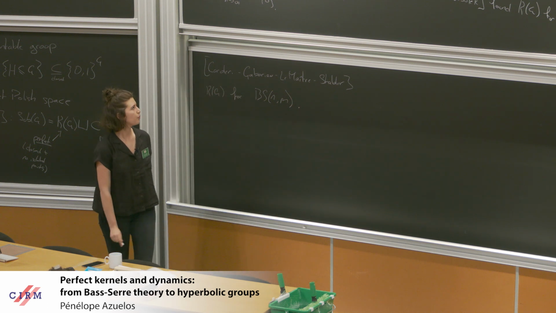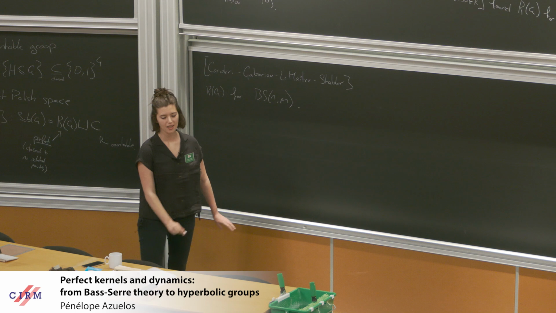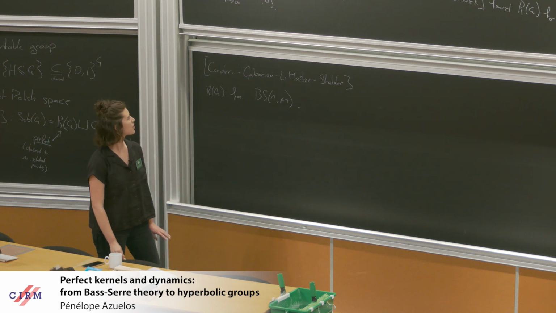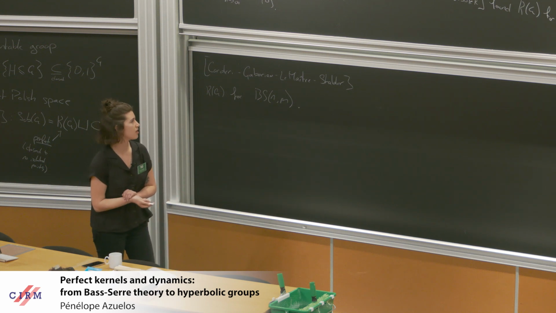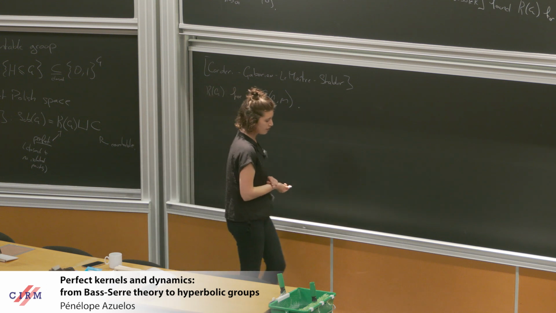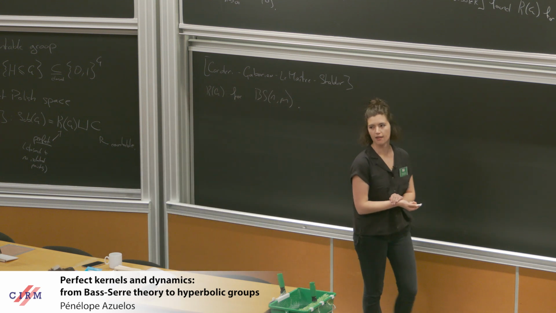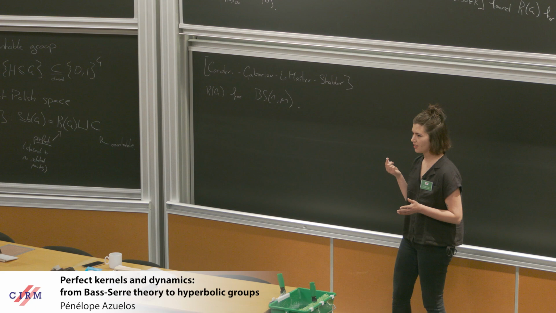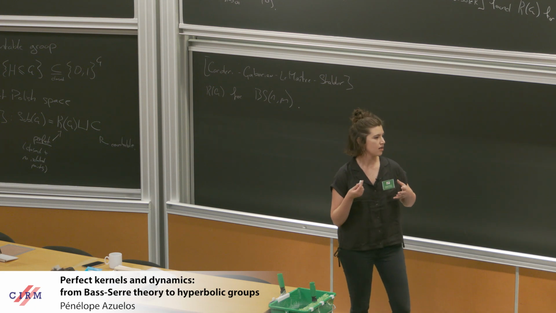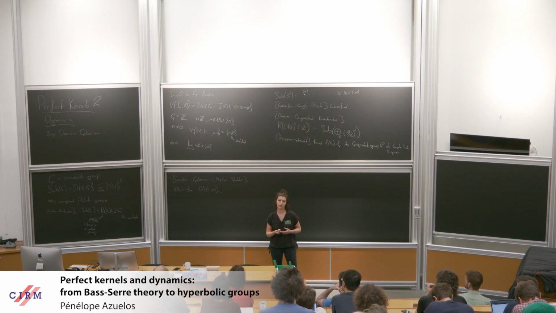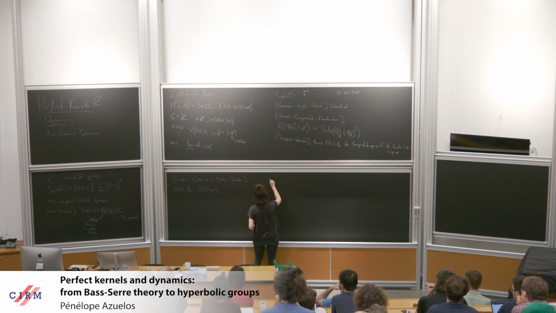Okay, so before I tell you anything new, let's make just some initial easy observations. First of all, if my group G contains a subgroup H which is not finitely generated, then this subgroup is not isolated. And the reason why is that you can approximate it from the inside using its own subgroups.